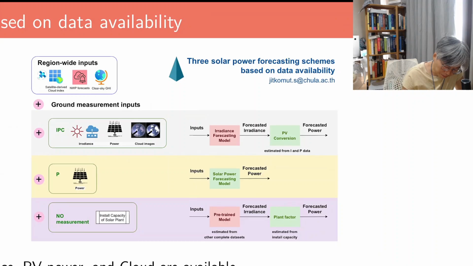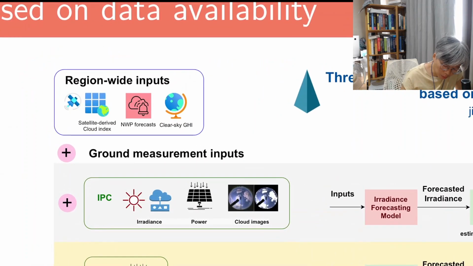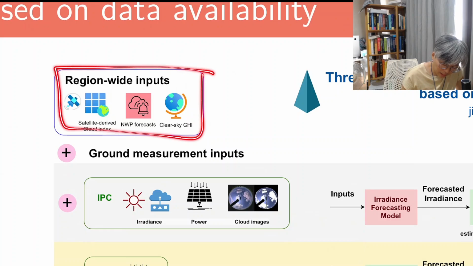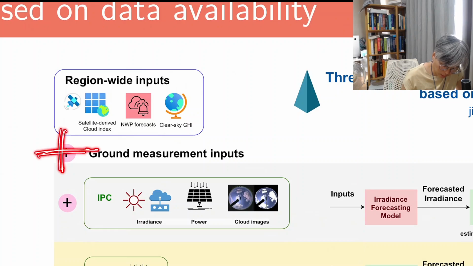So let's say that we all have a common available input, which is the region-wide inputs: the satellite cloud, the weather forecast from NWP, the clear sky irradiance. Assume that we all have that, okay? This is the fundamental input that everyone has, plus the ground measurement input that each location might not have the same, okay?